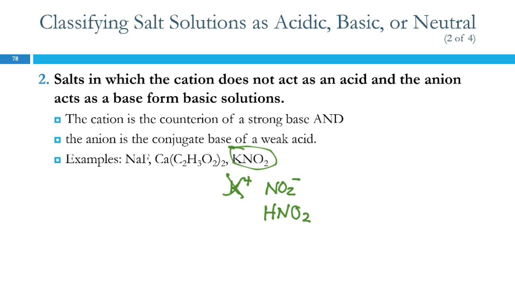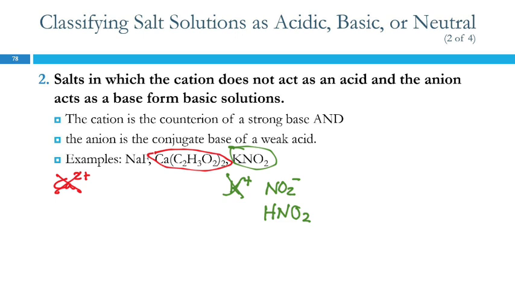This is when it takes a while. This mess here. We got calcium ions. What base does that come from? Calcium hydroxide. That's a strong base. It's not going to do anything.